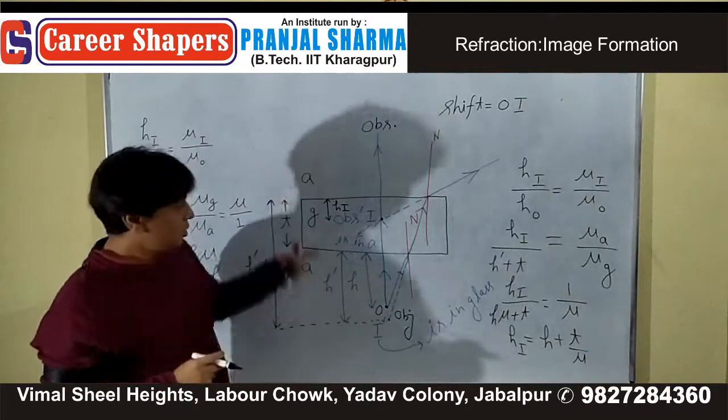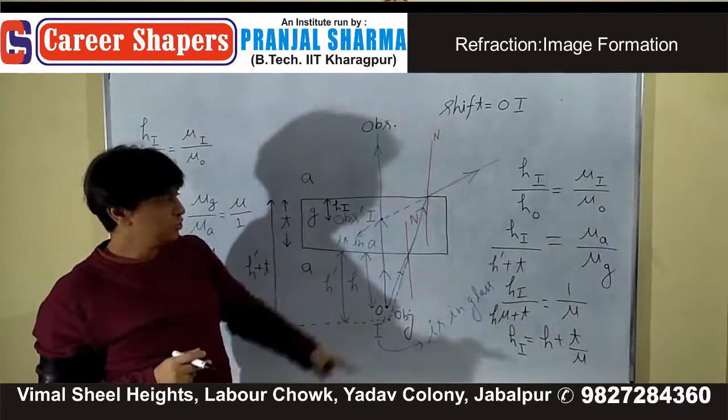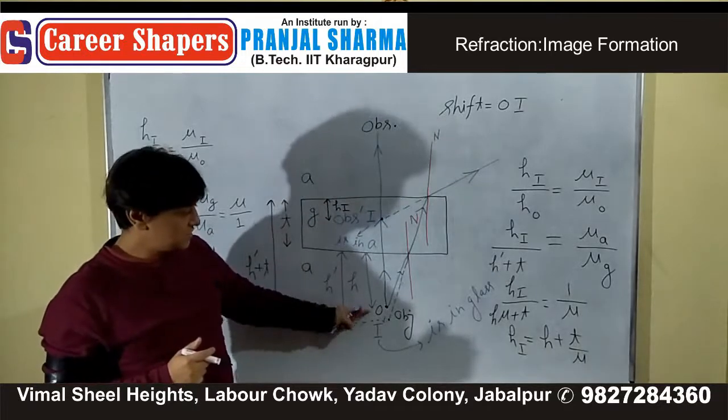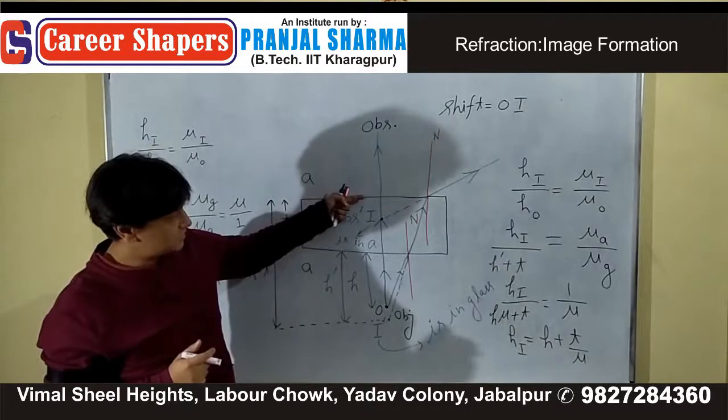How do you find it? You already have Hi. You just need the distance of the object, which is also there. What is the original distance of the object from this interface?